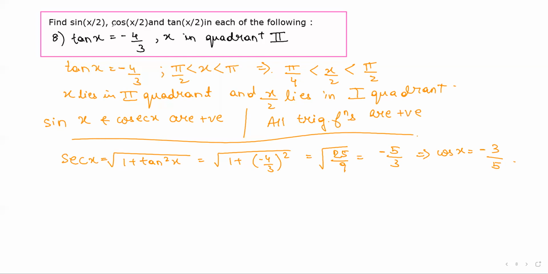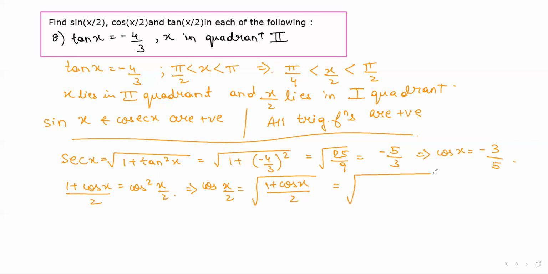Once you have cos x, you can get half angles easily. 1 plus cos x upon 2 is equal to cos square x by 2, means cos x by 2 is equal to root of (1 plus cos x) upon 2. This is equal to root of (1 plus minus 3 upon 5) whole upon 2, which is root of 5 minus 3, 2 upon 5, 1 upon 5.